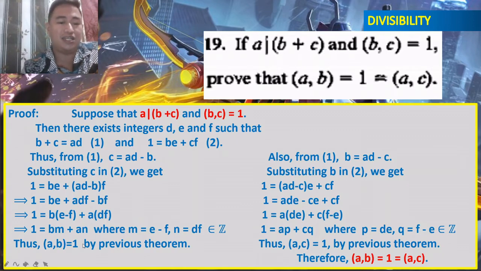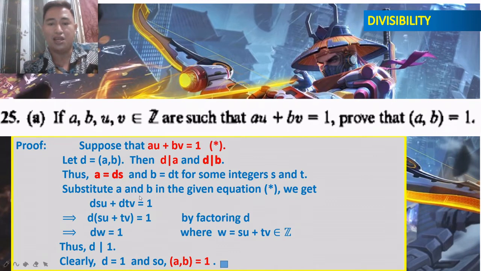Thus, the GCD is 1 by the previous theorem. Let us go back to the previous theorem, class. If we see AU plus BV equals 1, their GCD is 1.